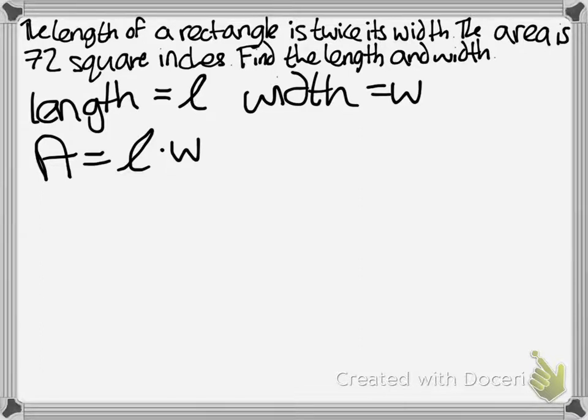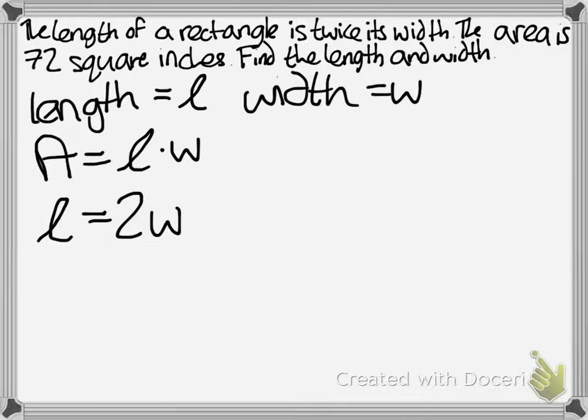Our basic geometry formulas we should remember. Okay, so that's our area formula. I know that the length of this rectangle is twice its width. So I know that L is twice as big as W. So L is equal to 2W.